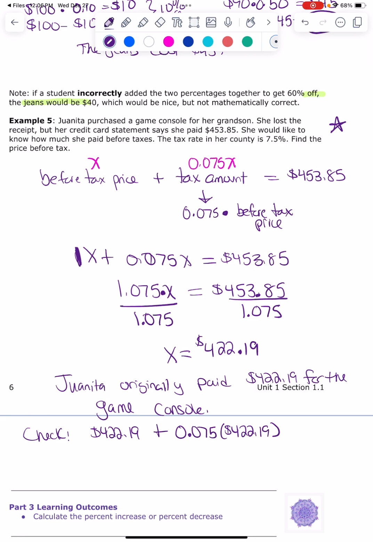So I'll multiply that by 0.075. That's 422.19 plus 31.66 equals $453.85. So it works.